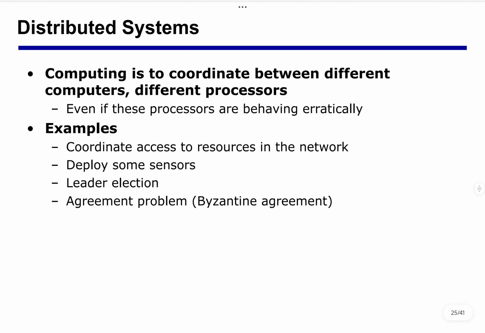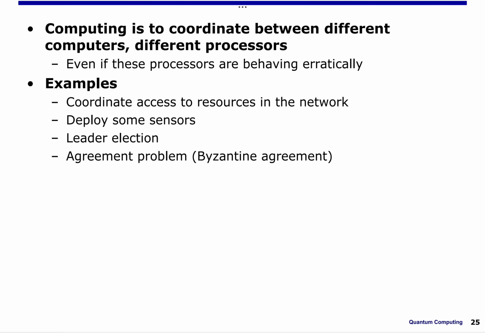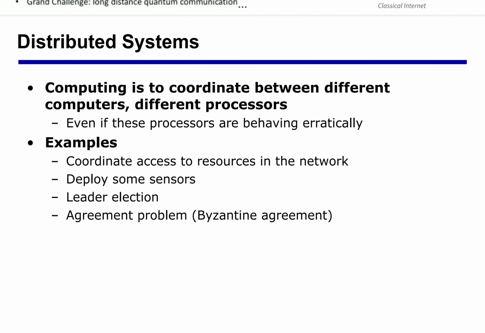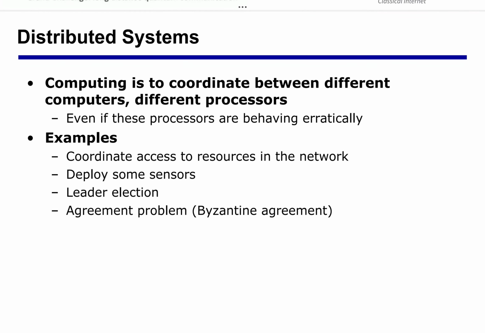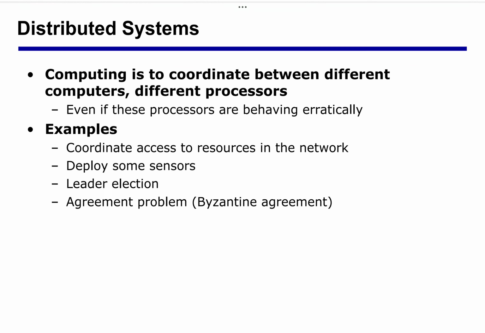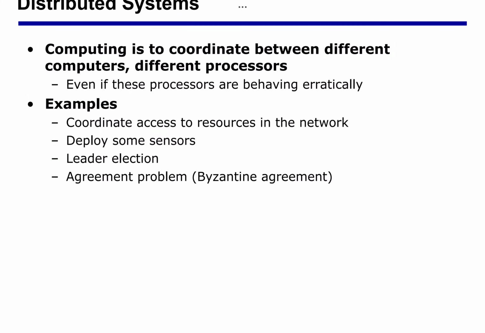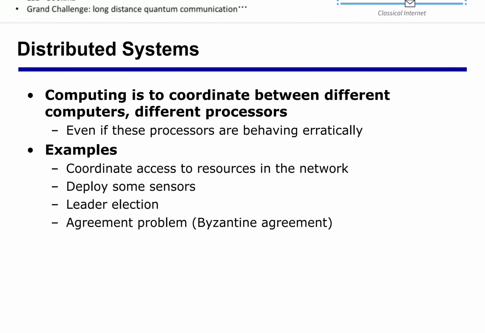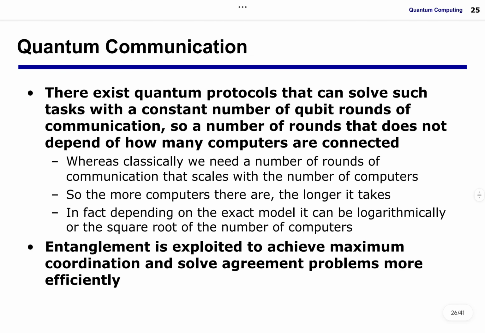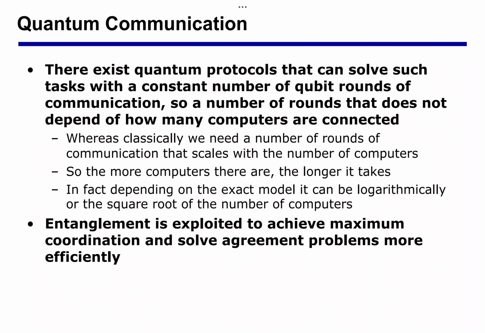Distributed systems: distributed system computing is the coordination between different computers, different processors. The blockchain is also a huge distributed system. Deploy some sensor, leader elections, and communication devices. Quantum communication. There exists a quantum protocol that can solve such tasks with a constant number of messages.